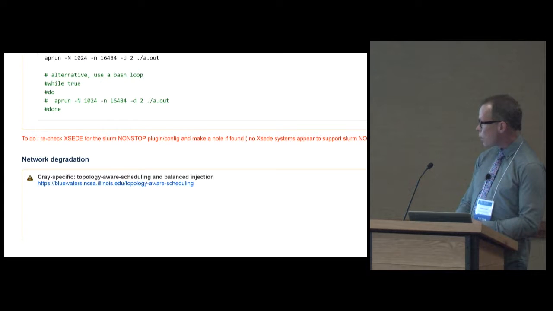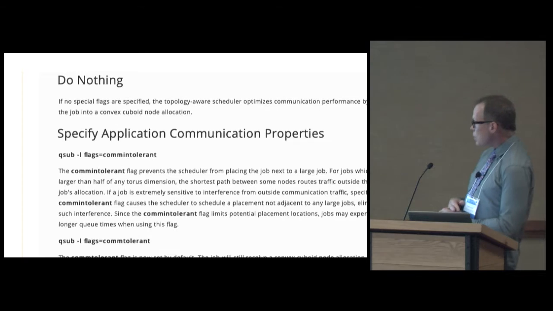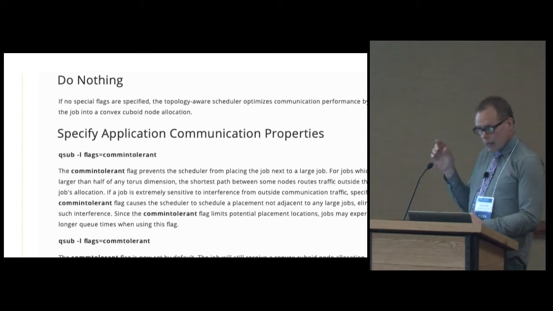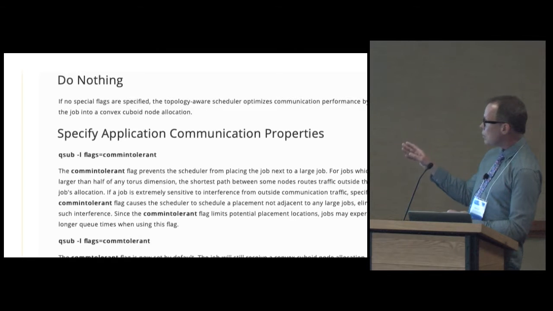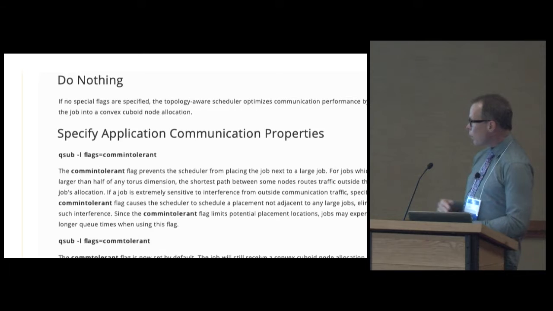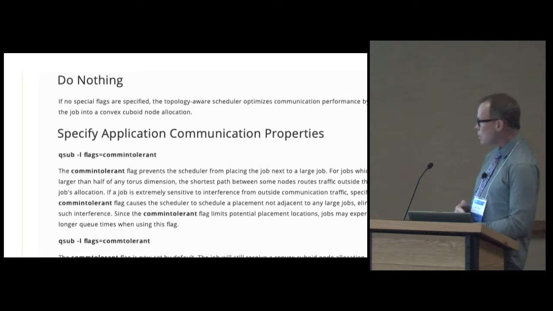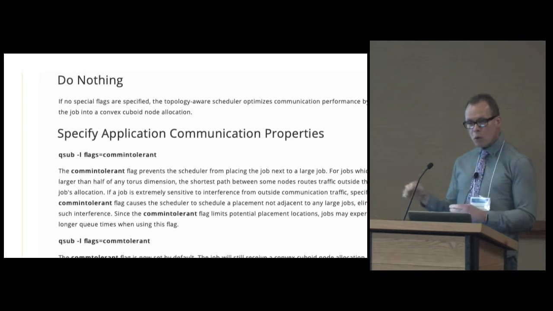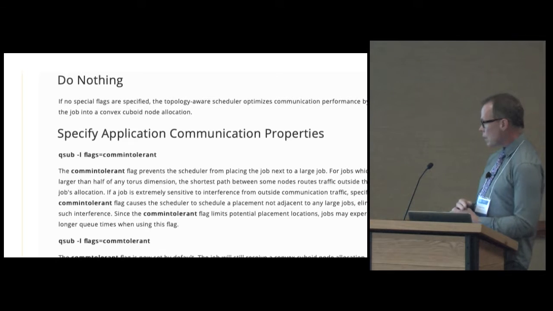So back to network degradation for a second. If you see balanced injection and notes about that in your output, there are a couple things you can do. One of them is nothing at all. Or you can ask for flags that indicate how you want to react to other people's codes and their impact on your communication.